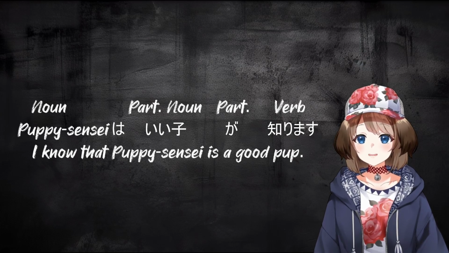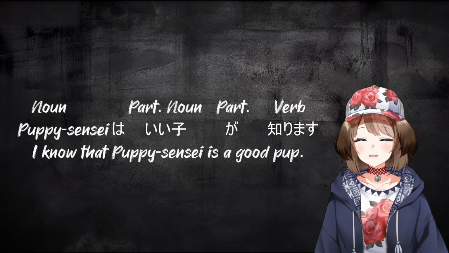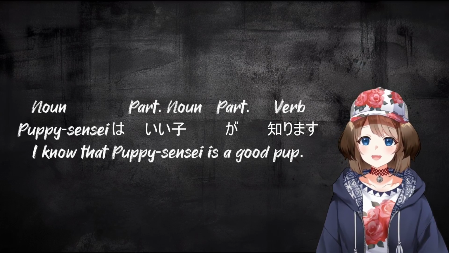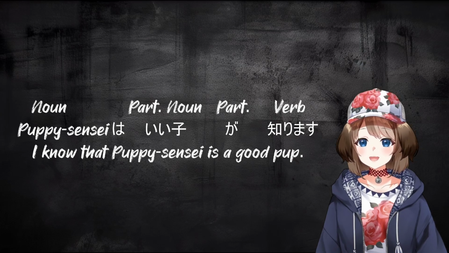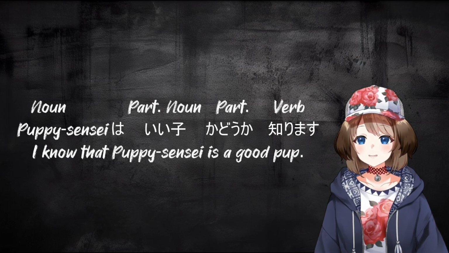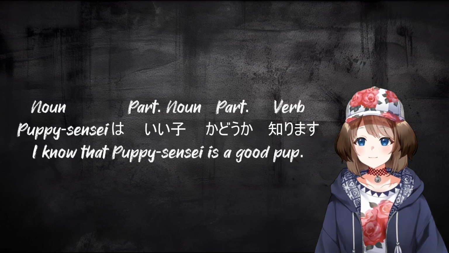Anyway, when we form a ka type of sentence, what we're going to need to do is to make two small changes to the structure of this I know Puppy-sensei is a good pup sentence. First, we're simply going to replace that subject particle ga with ka, which we've already defined as something like whether or not.